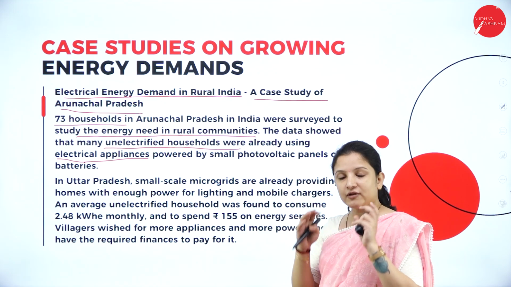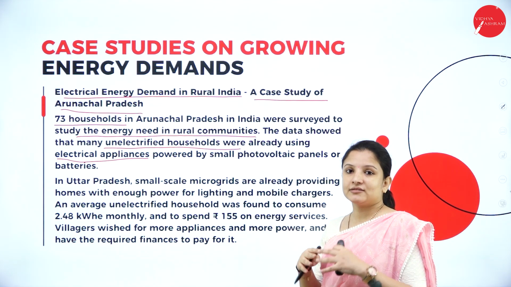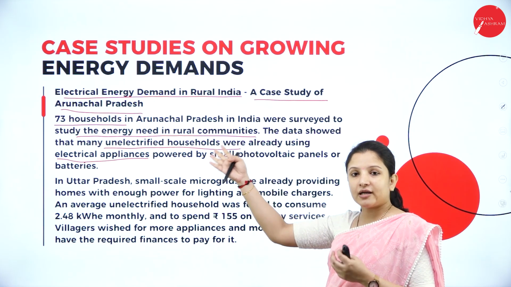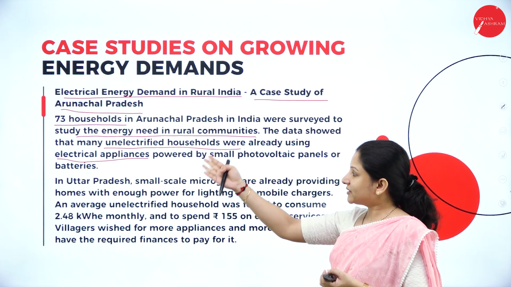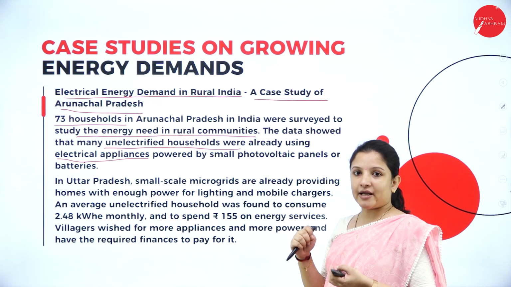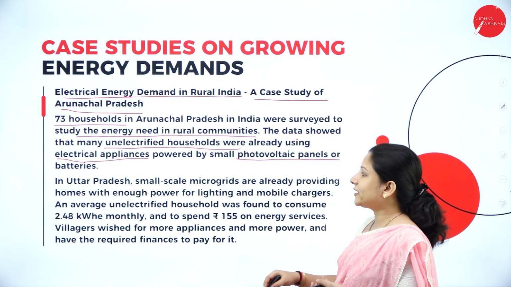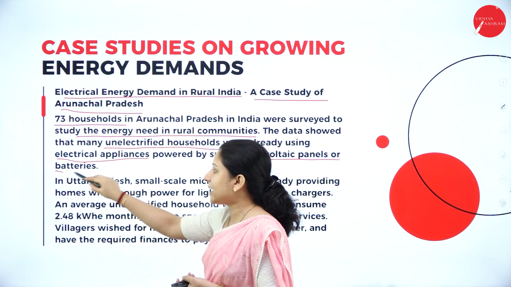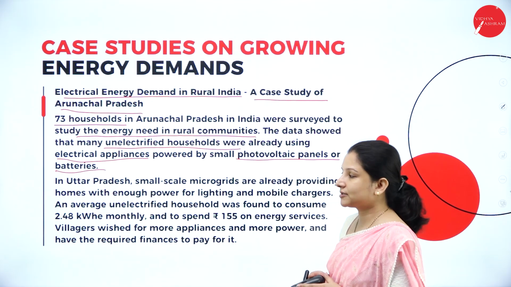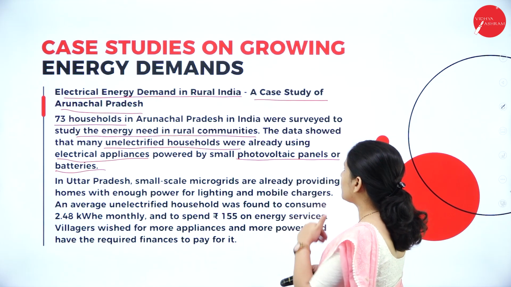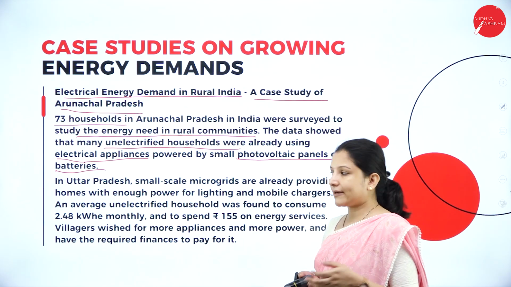People can never stop using electrical appliances because they have become a part of their life. So even though electricity was not there for many of the houses, they were still using electrical appliances, generating the electricity by using photovoltaic panels and batteries.